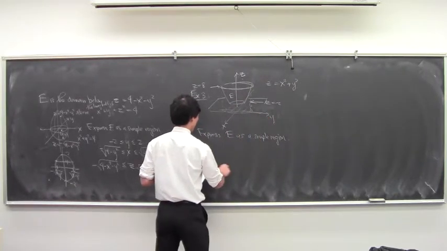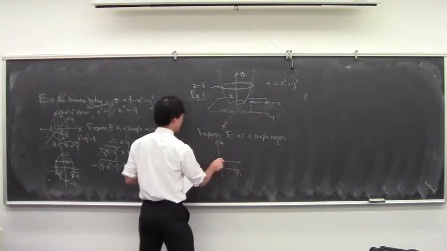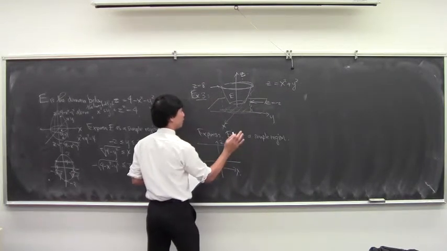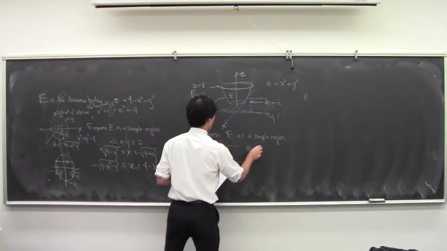So your thing is going to look like this: x, z, chopped up at height 2 and at height 8, and y is 0. So you get z equals x squared.